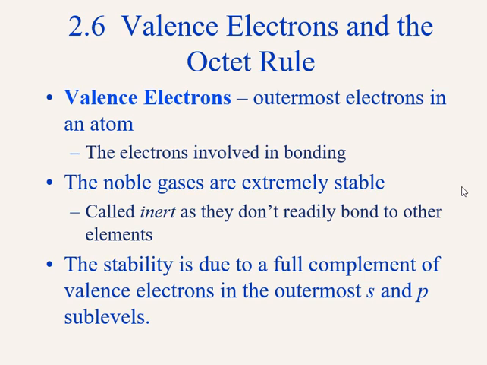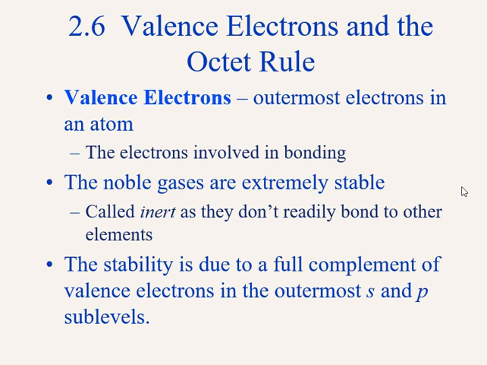Only 1 valence electron. So counting valence electrons is very important because they are the electrons that will be involved in making chemical bonds. Chemical bonds are how we convert elements into compounds, when one element makes a bond with another element.